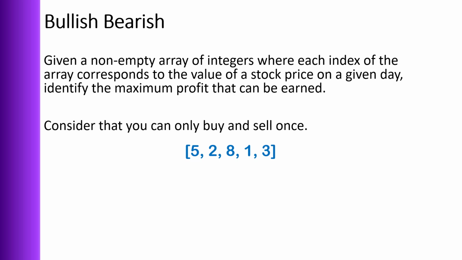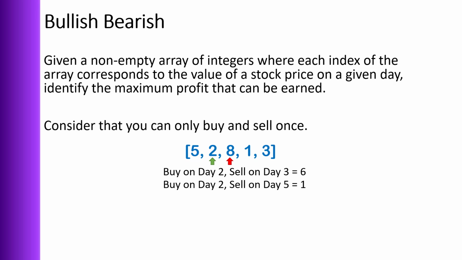If we analyze this, the example is that we buy on day 2, we can sell on day 3, and then our profit is 6 because day 2 has the value of 2 and day 3 has a value of 8, so 8 minus 2 is 6. Now buy on day 2, and what if we sell it on day 5?